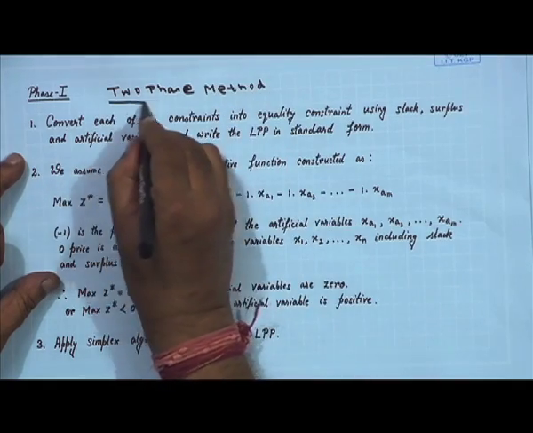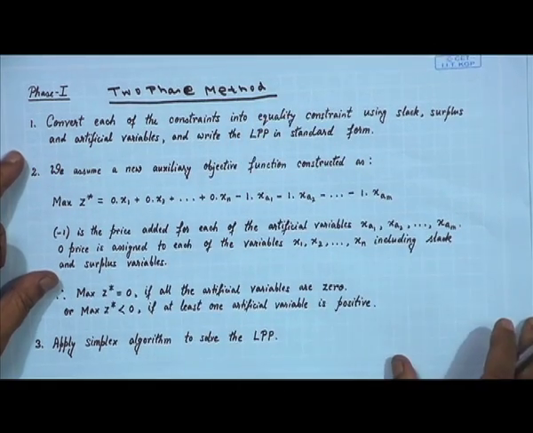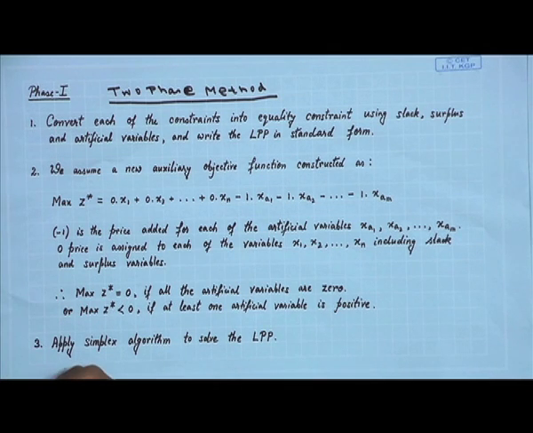In the two-phase method, as I told, the first phase is phase 1. Here you see we have written it pointwise, what steps you have to follow. Convert each of the constraints into equality constraints using slack, surplus and artificial variables, and write the LPP in standard format.